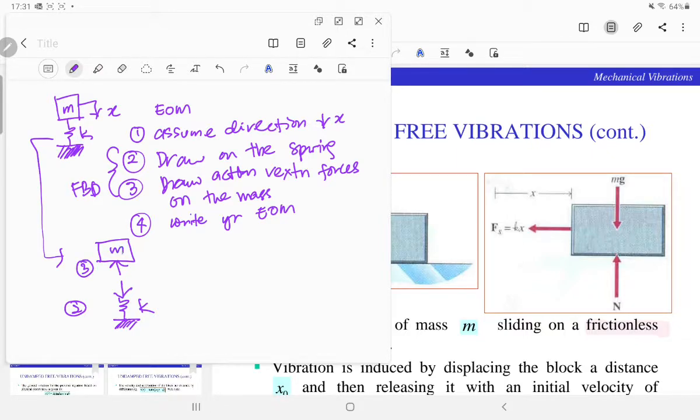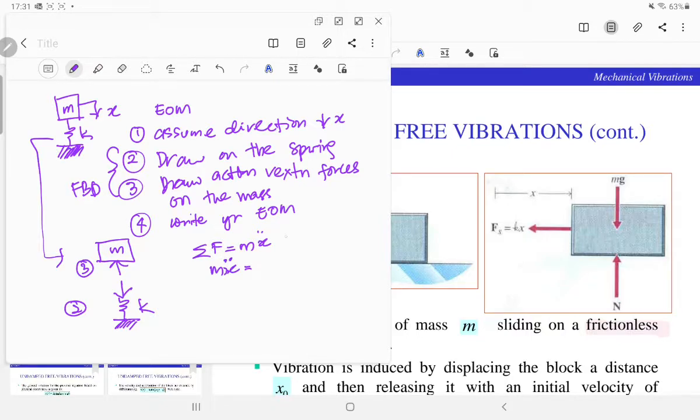Then you have to write your equation of motion. How do you write it? You write the summation of forces equals m x double dot. In that case, your m x double dot is always positive.